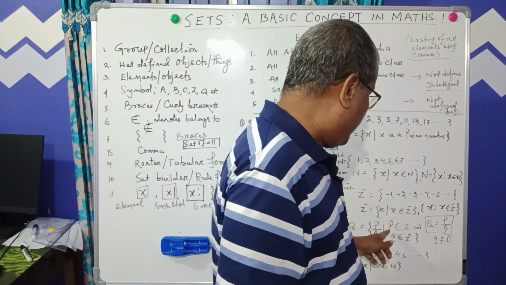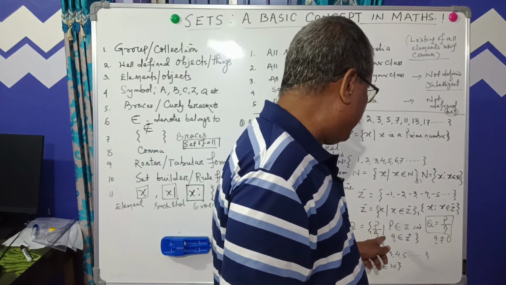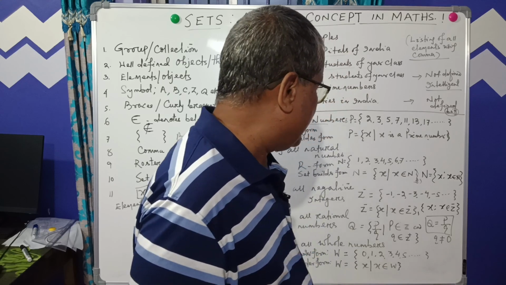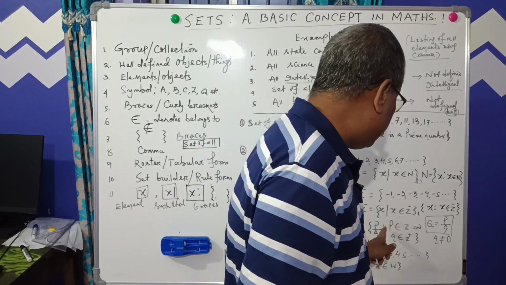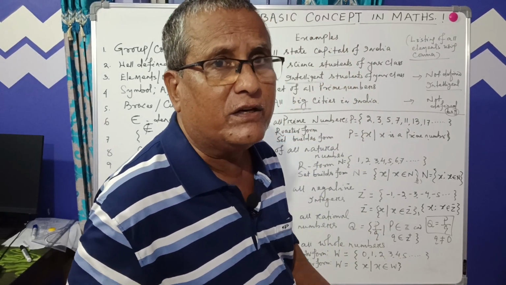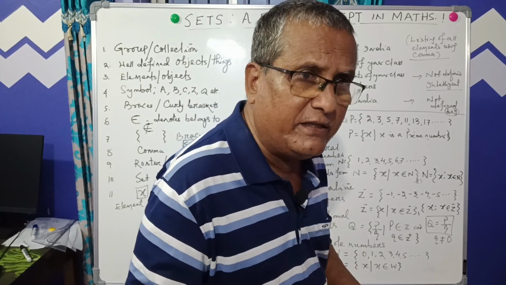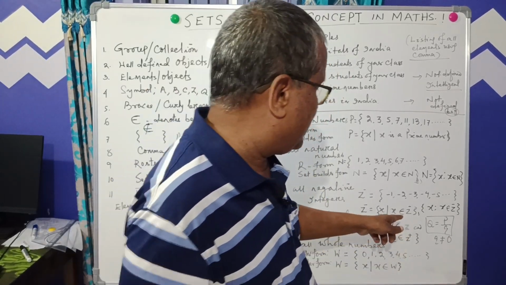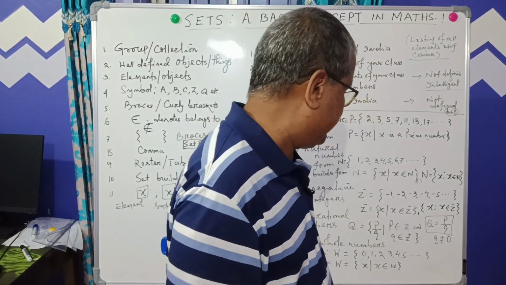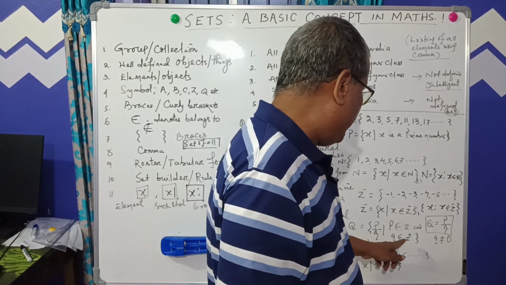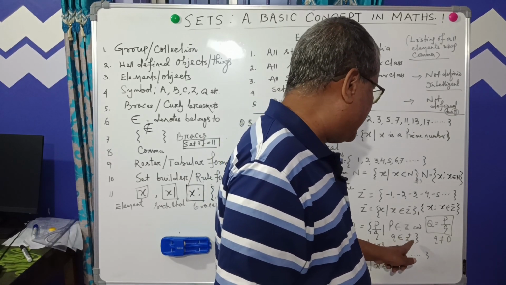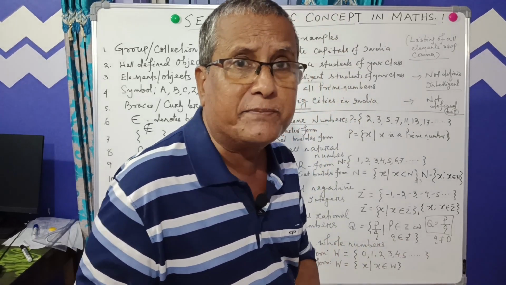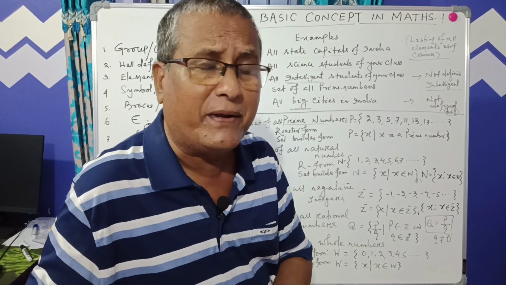Here p belongs to Z, meaning all integers: positive integers, negative integers, and including 0. But q belongs only to positive integers, beginning from 1, 2, 3, 4, 5.